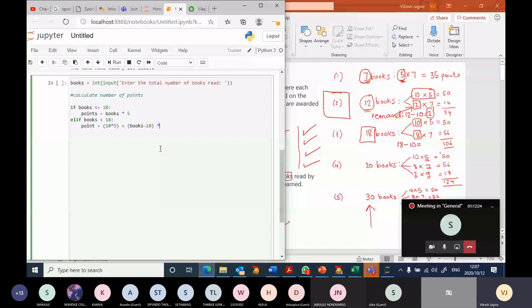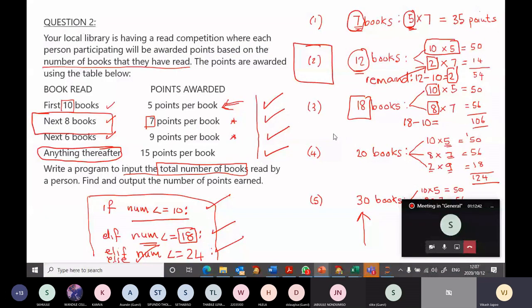Gets a little tricky. If you are in the second case, if you look at the example here, you have to understand the example. It's made up of 2 parts. The first part is the first 10 books, and the second part is the remainder left over. What is the remainder that's left over?